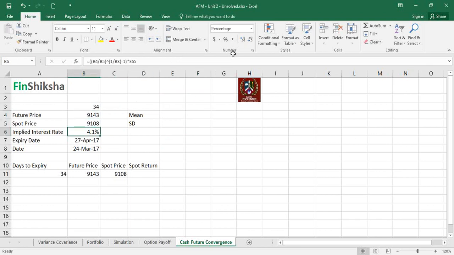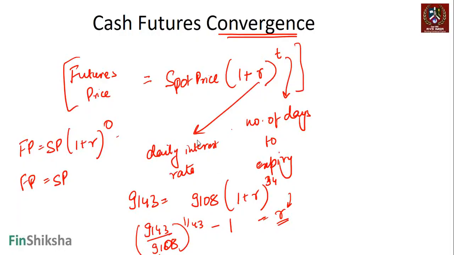This could be lower than what the market interest rate would be because the future also incorporates the fact that there could be some dividend. So the future price is actually not just the spot price, but the spot price minus dividends into 1 plus r raised to the power t. Right now, that dividend data is not directly available. When the dividend goes out, the spot price will fall, and hence the future price already incorporates that.